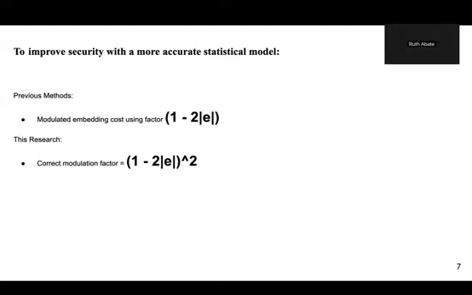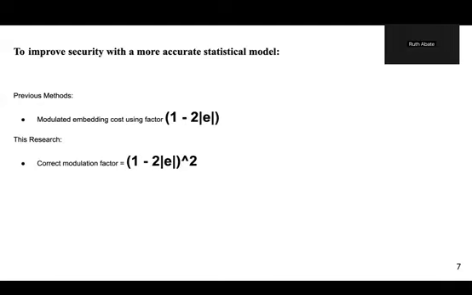Let's break this down. The modulation factor determines how much we adjust the embedding cost based on the rounding error e. In previous methods, the factor 1 minus 2e was used. This means that if the rounding error e is close to 0.5, the cost of changing the pixel is reduced significantly, making it more likely to be changed.